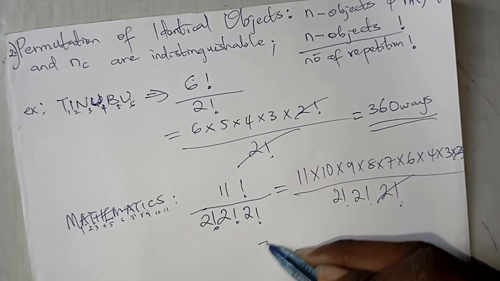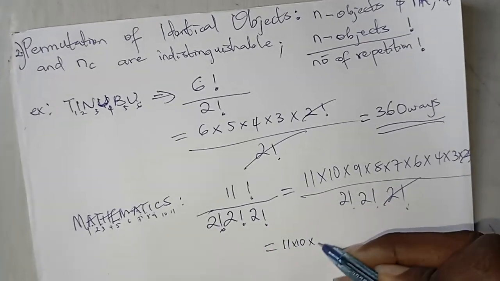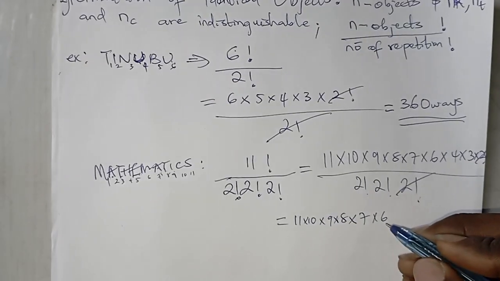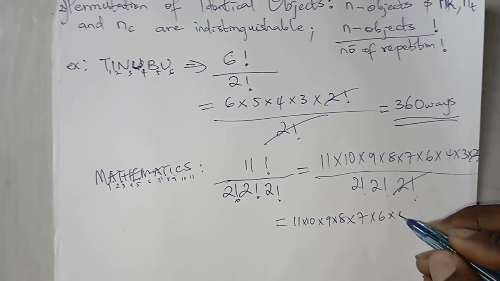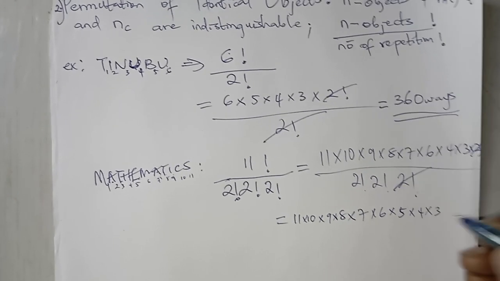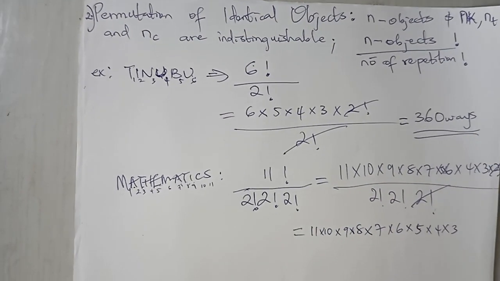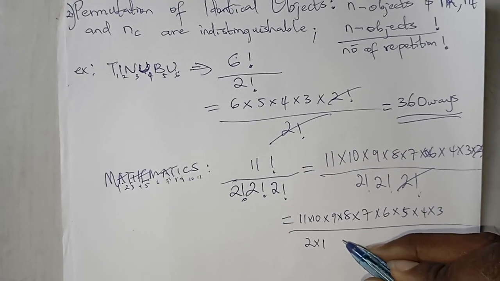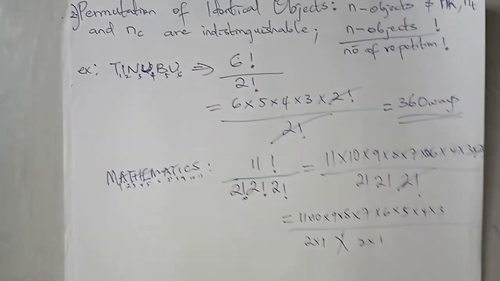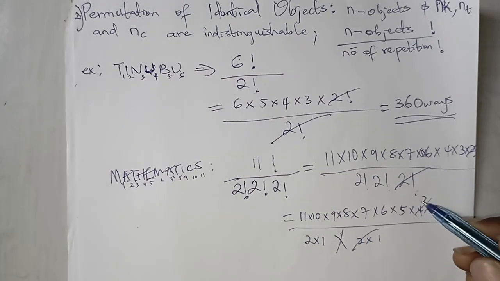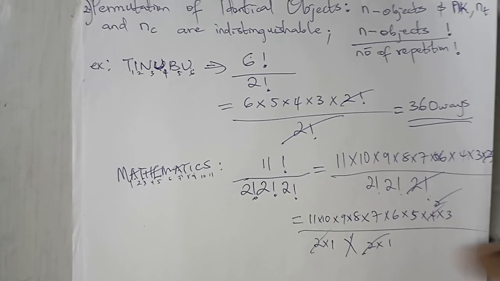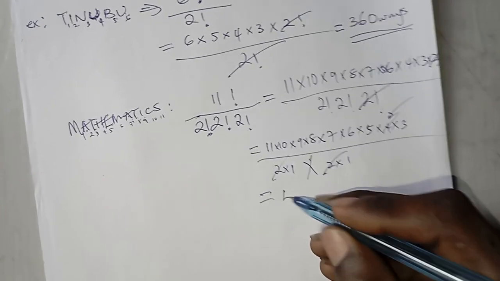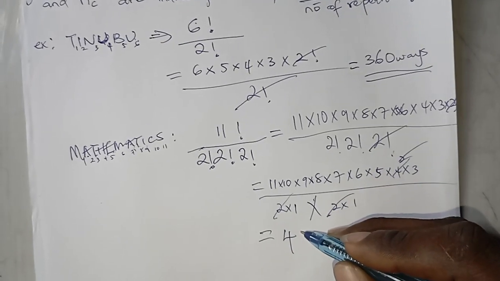So 11 times 10 times 9 times 8 times 7 times 6 times 5 times 4 times 3, all over 2 times 1 times 2 times 1. 2 can take care of this to give me 2. 2 into this again, it will get out. So I will now have my total answer to be 4,000. I think 4,000.